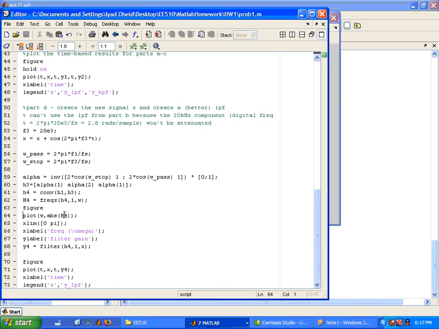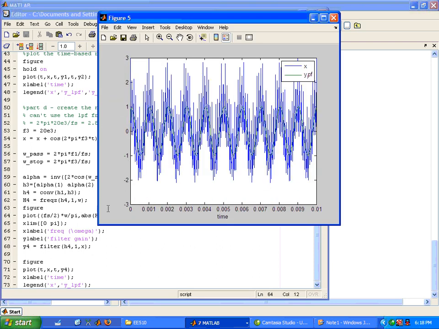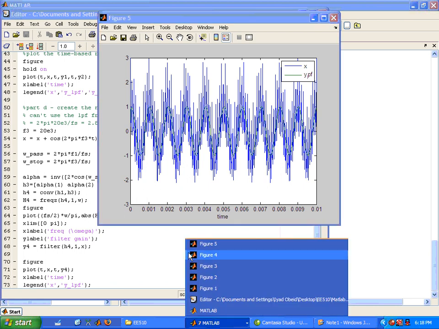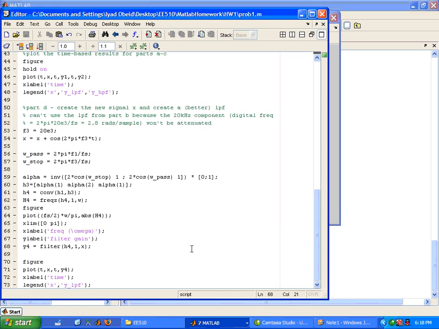And if I plot that, if I take omega, I divide it by pi, and I multiply it by Fs over 2, all right, I'll sort that out later. All right, well, anyway, I'm not going to worry about it.